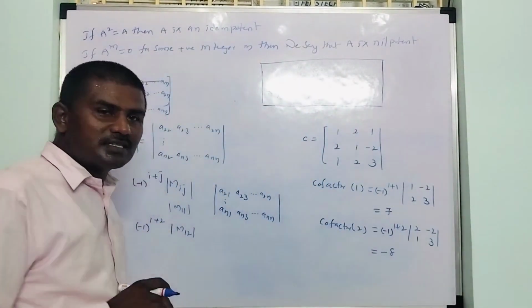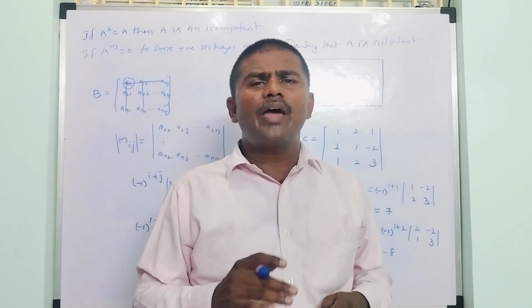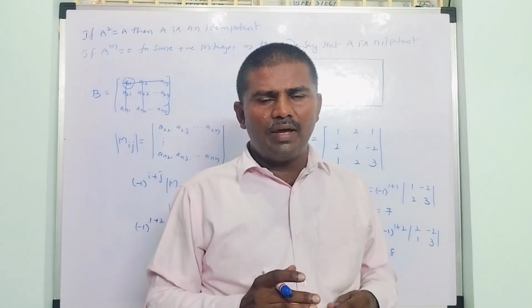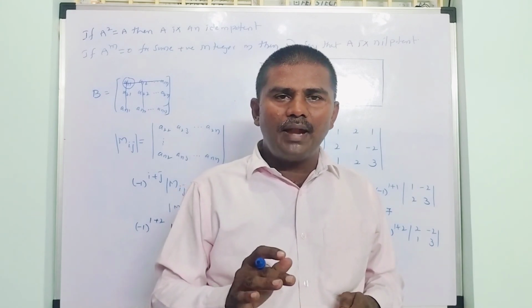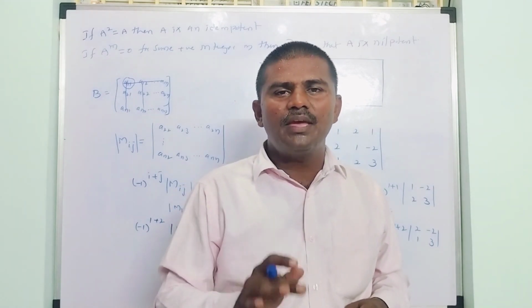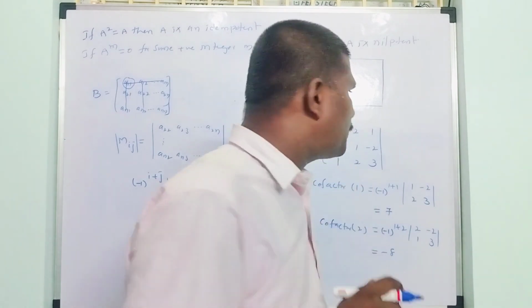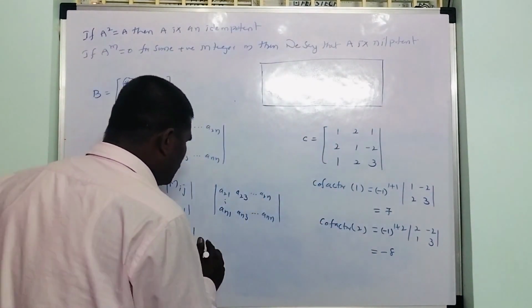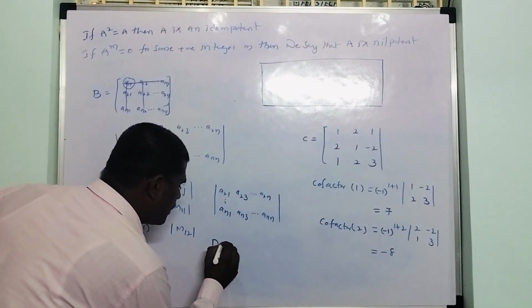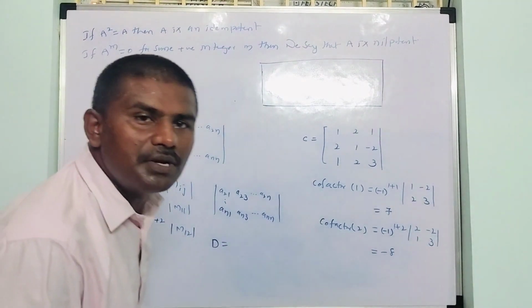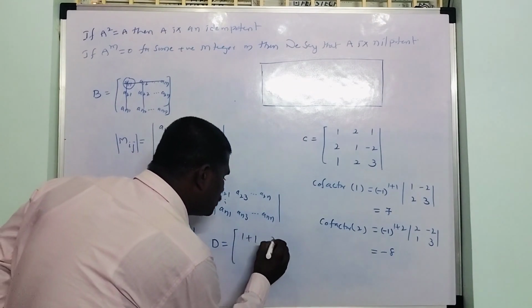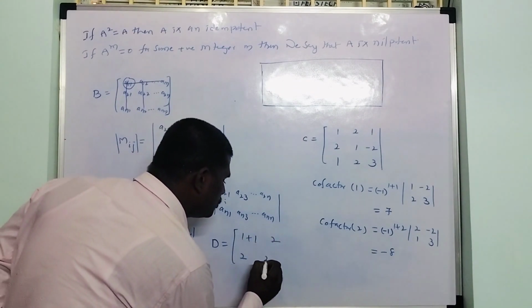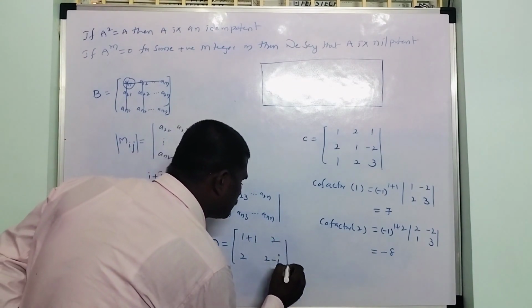Now let me discuss Hermitian matrix. When will you say that a matrix is Hermitian? First of all, the given matrix may be a complex matrix. Suppose I am considering a matrix D as 1 plus i, 2, 2 minus i.